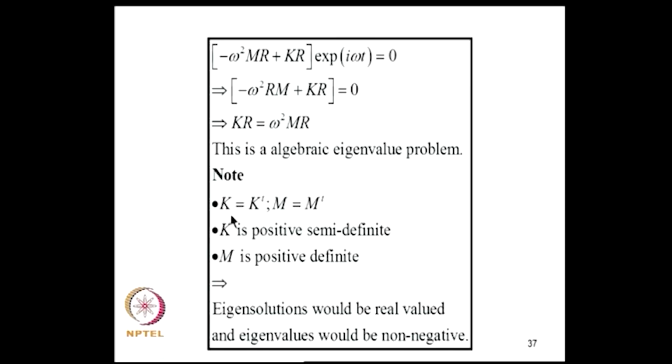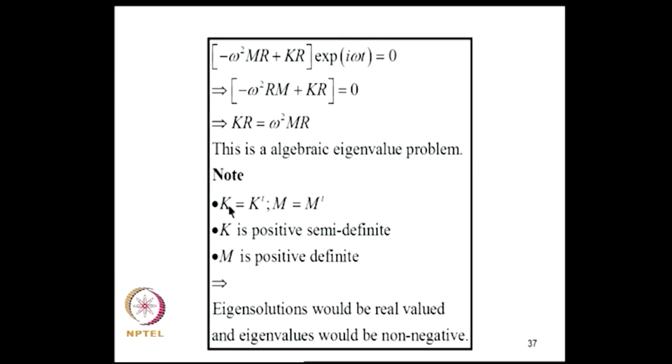We know that the stiffness matrix is symmetric, the mass matrix is symmetric, and the stiffness matrix is positive semi definite and the mass matrix is positive definite. The semi definiteness comes because of possible rigid body motions, that means the structure can move as a rigid body without change in the potential energy, therefore, K can be semi definite, whereas kinetic energy is always positive definite.